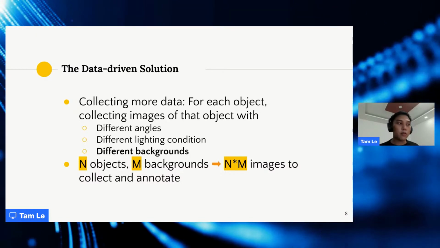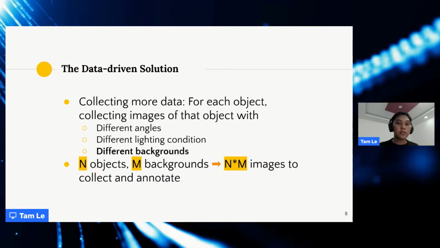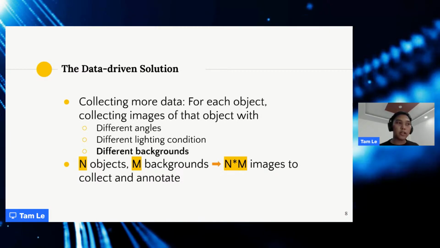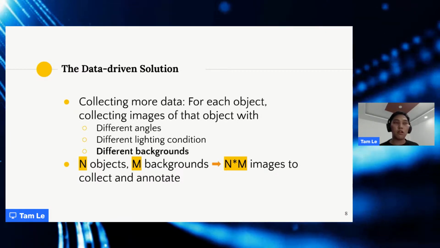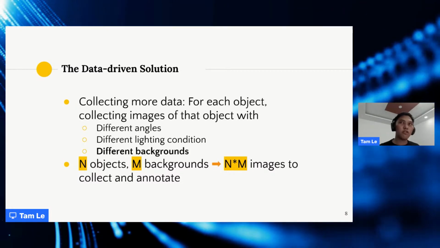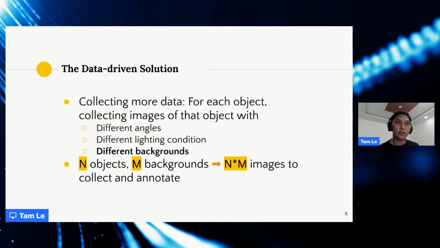Another issue is controlling the data quality. When you collect the data manually, usually you cannot control the quality of the image. For example, you can take the image on a phone or with a very professional camera, so the image quality is different.